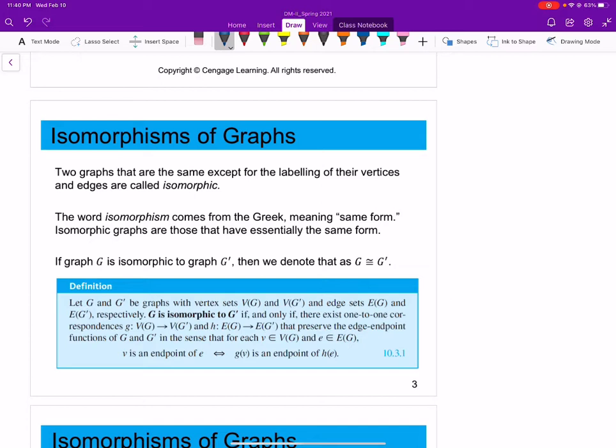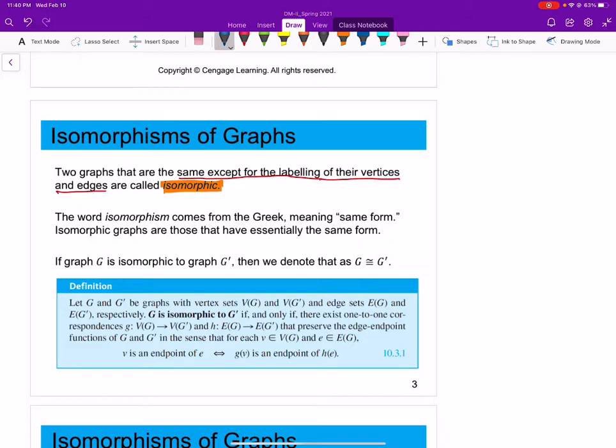Only the labeling of vertices and edges is different; such graphs are called isomorphic. This is a very important concept. You can check whether the given two graphs are different or the same graph.